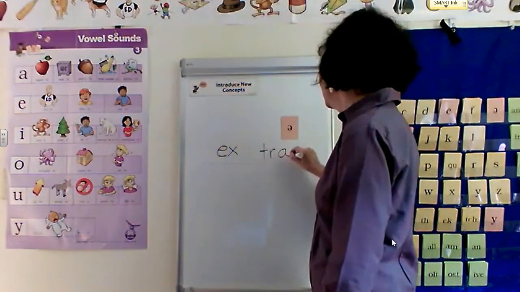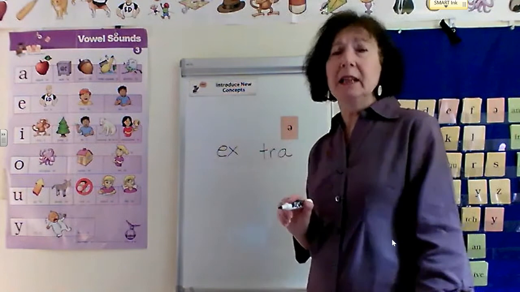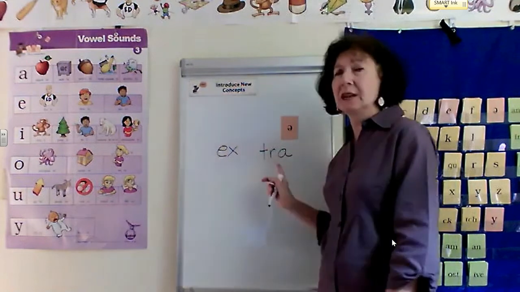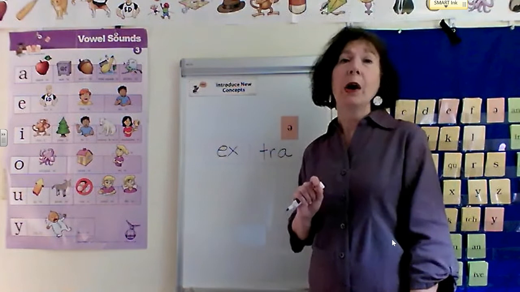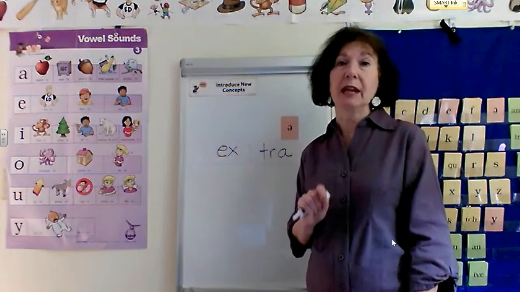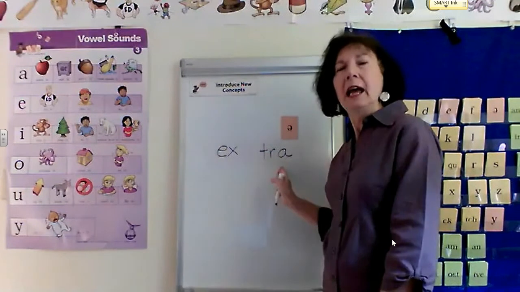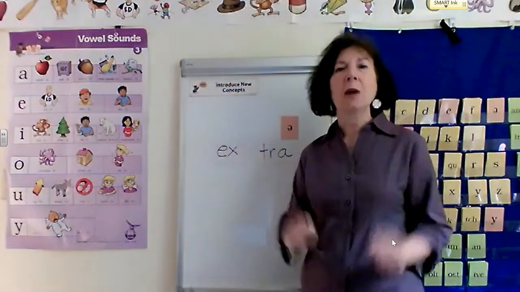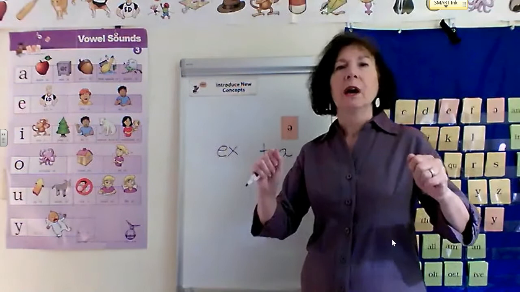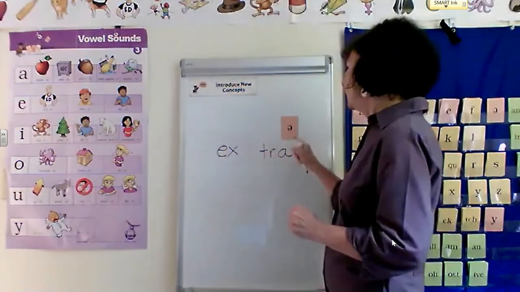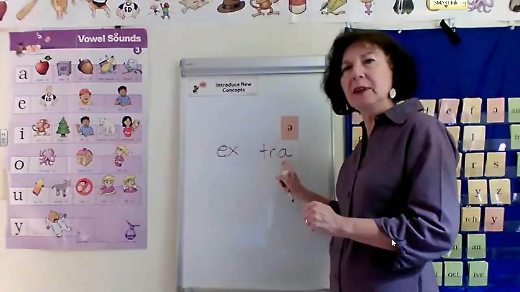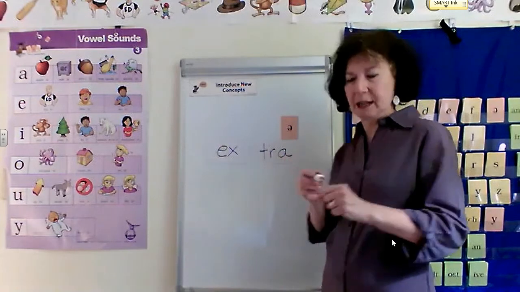Now, you might think that we have a sound option here because uh can be a U or our open syllable exception A, but we don't. Whenever you hear uh at the end of a word, it's always going to be our open syllable exception A, or the schwa sound.